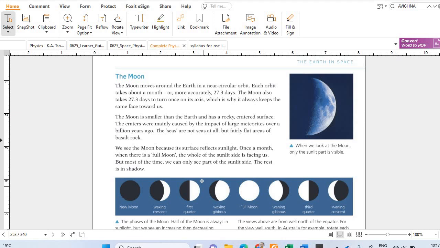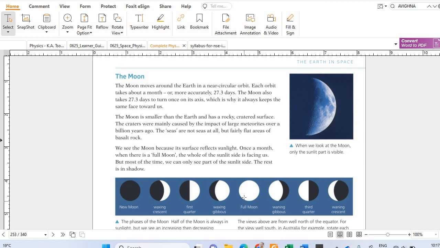Very rarely they happen to be in the same plane, and the earth's shadow completely blocks out the moon, which causes a lunar eclipse, or the moon's shadow blocks out a part of the earth, causing a solar eclipse in the regions which are under the moon's shadow. At other times we see the different phases of the moon.